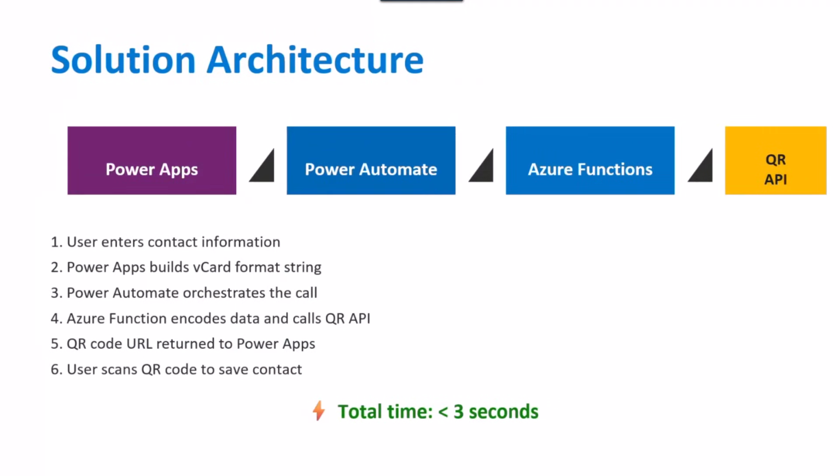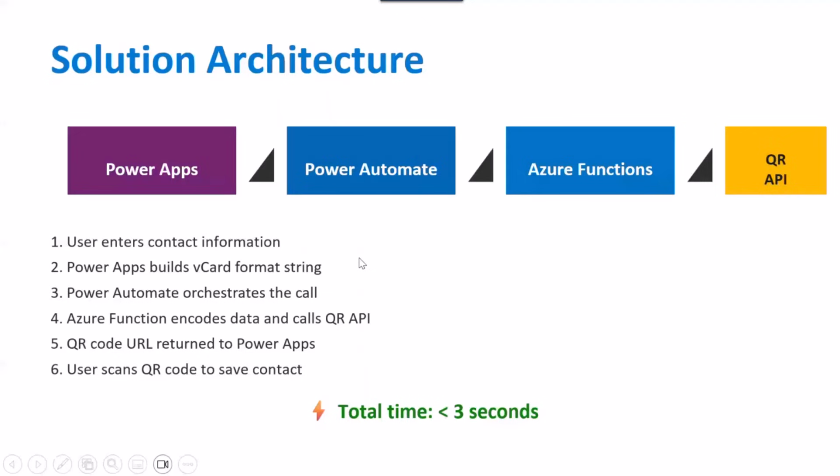This is the architecture. We have a Power Apps form, and the user enters contact information, and Power Apps builds your vCard format string. We send it to Power Automate. We're using Power Automate for orchestration here. Power Automate calls the Azure function that we created.